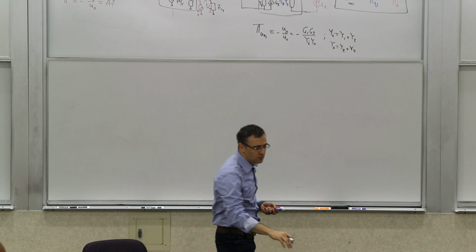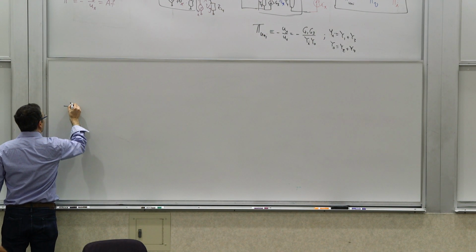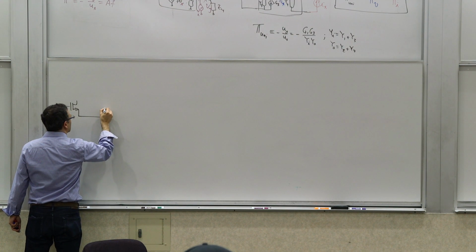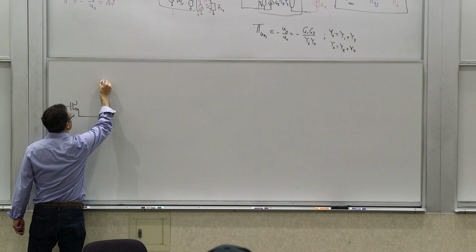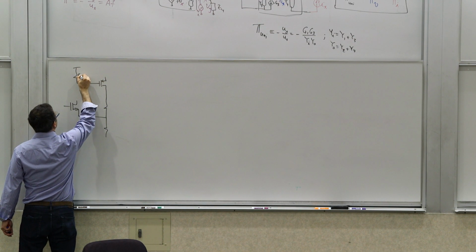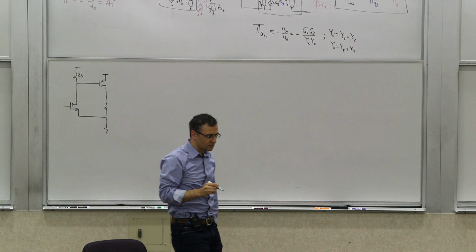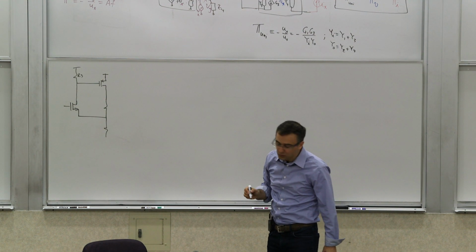So the example, again, is one of the circuits that we've looked at before. So we have this guy, and then we have M1 and M2, so that's R2 and R1.